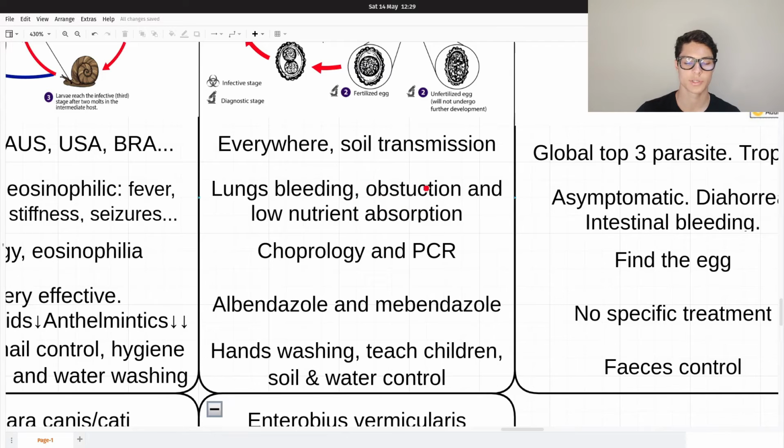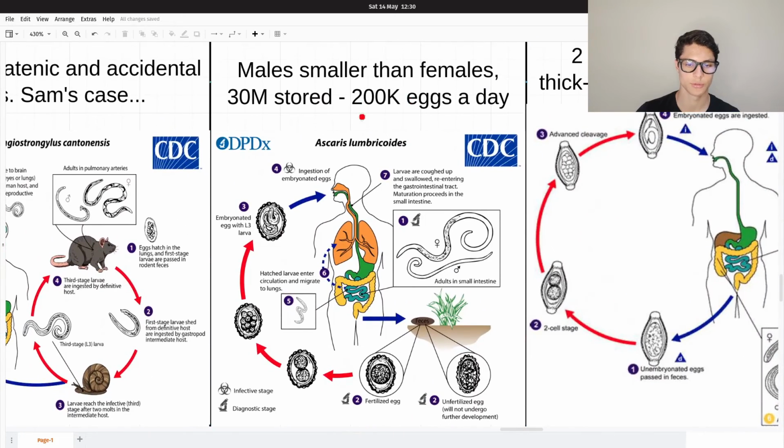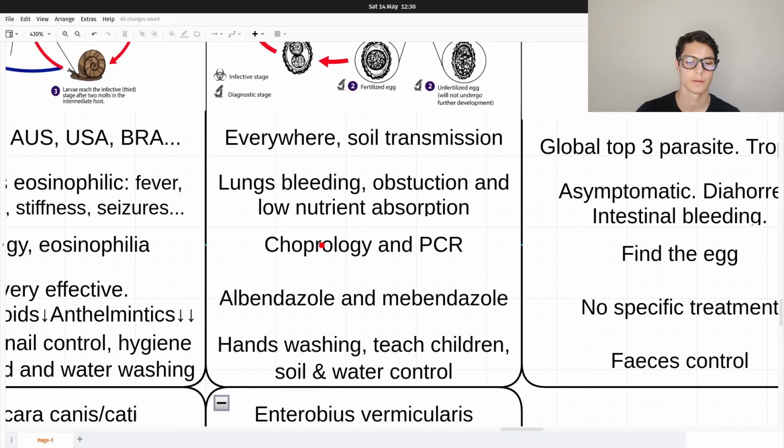They will obstruct our intestinal tract, and we will have low nutrient absorption because of that. The diagnosis is coprology, because they create 200,000 eggs a day, and PCR, because they can be found in the nasopharynx and the blood as well.